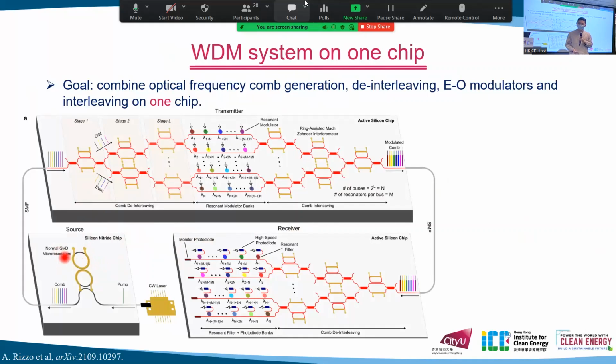done by Lipson's group. We can see that first light comes in, and using a silicon nitride chip, an optical frequency comb can be generated, and then the comb is sent to a silicon chip, and the comb lines will be separated by this interleaver, and then each comb line will be modulated, and then we combine these comb lines together.